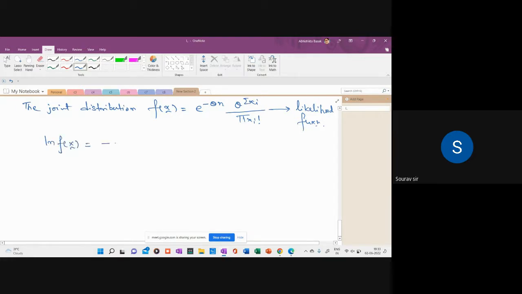Then it's going to give me this thing. This is actually called the log likelihood.